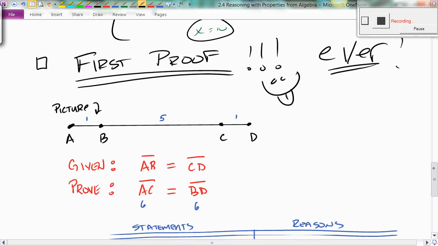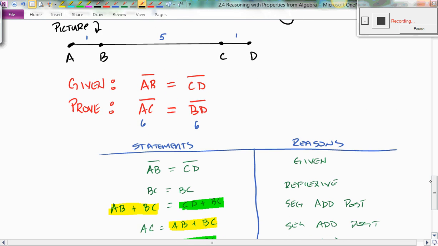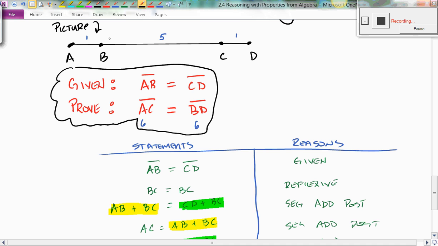Okay, then the last thing we did was our first proof, which we did not actually get to finish. But I'll walk you through it right now. We were given this stuff right here, all the stuff in the cloud. Given that AB and CD are the same, how can you prove that AC is the same thing as BD?